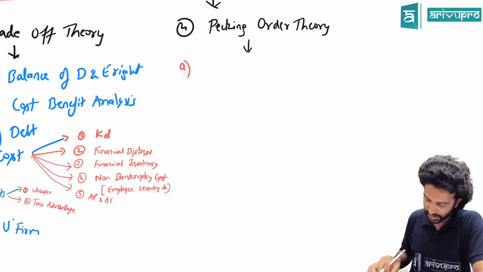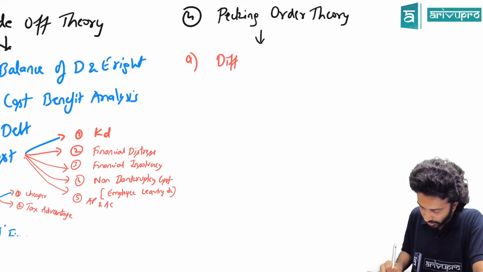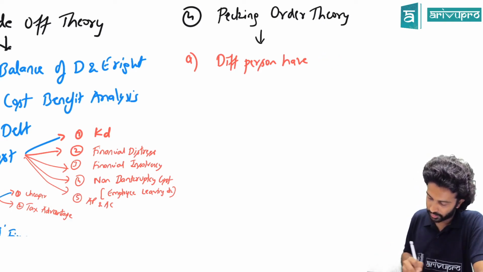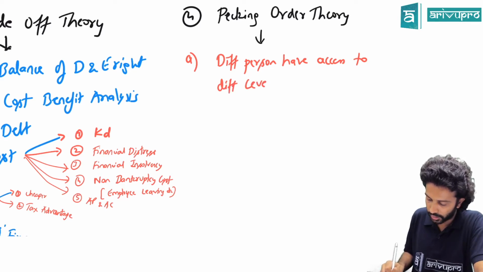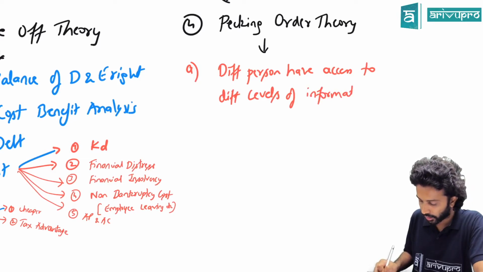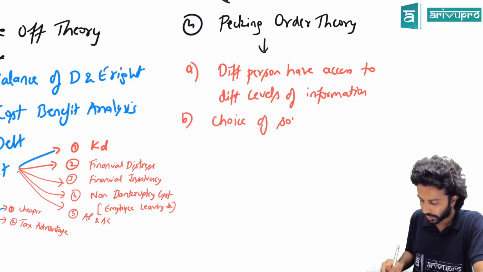Different persons have access to different sources of information, different levels of information, and the choice of source of finance is based on what?